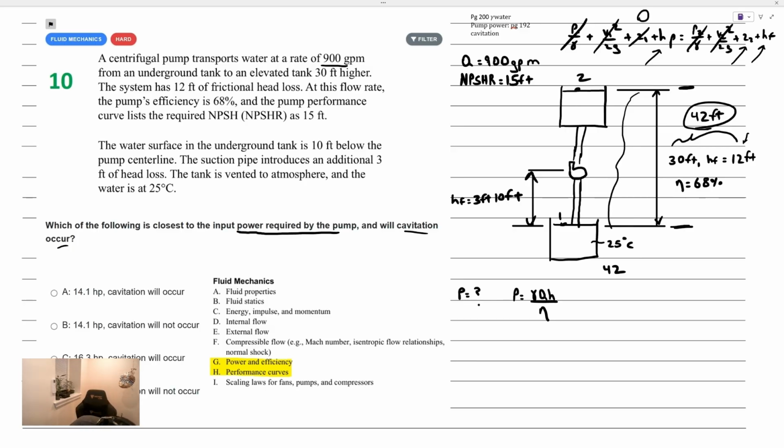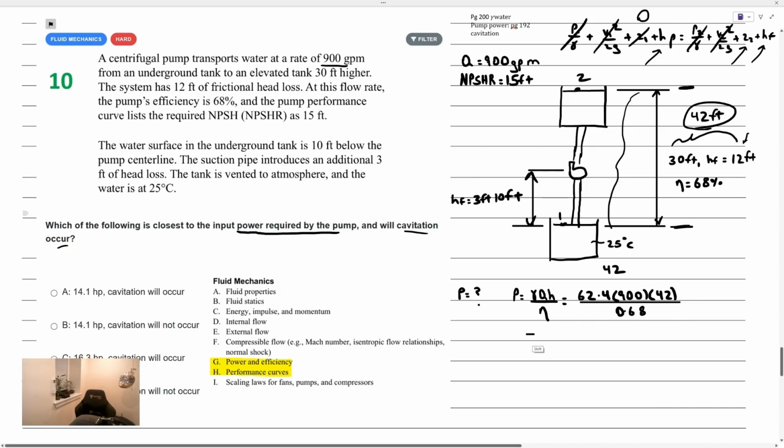Okay, if we go ahead and plug that into our pump power equation, we have our specific weight, 62.4. Our flow rate was 900 gallons per minute. Our combined head was 42. And our efficiency is 0.68.